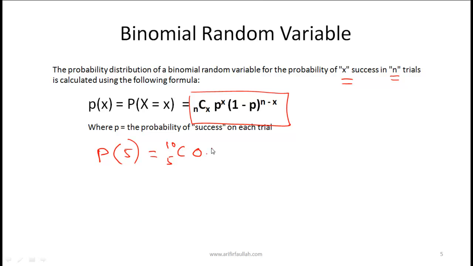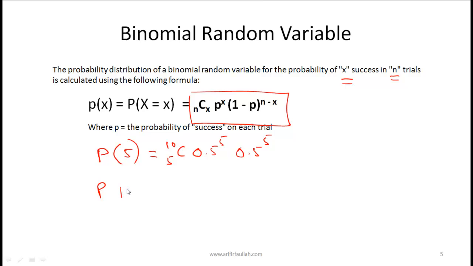In our example, it's 0.5 to the power of x, which is also 5, times 0.5 to the power of 5 again. So that is the probability. You can calculate this, and that will be your probability of getting 5 successes.